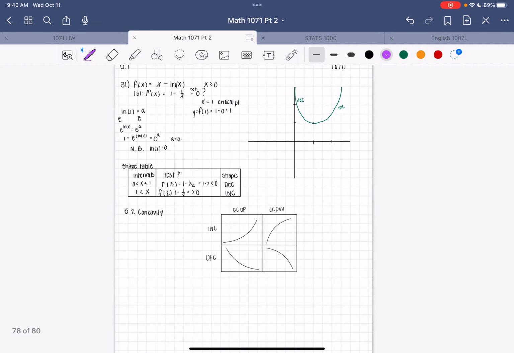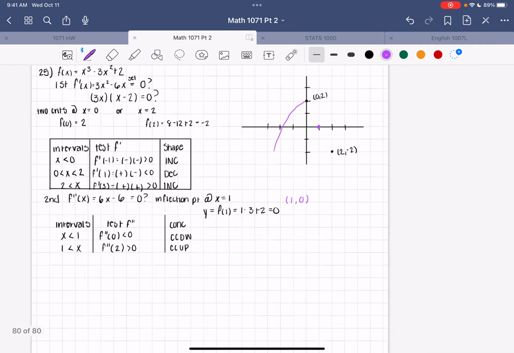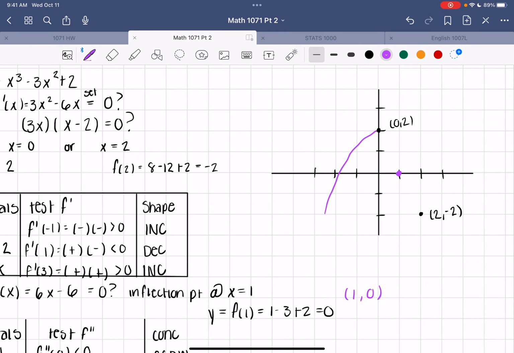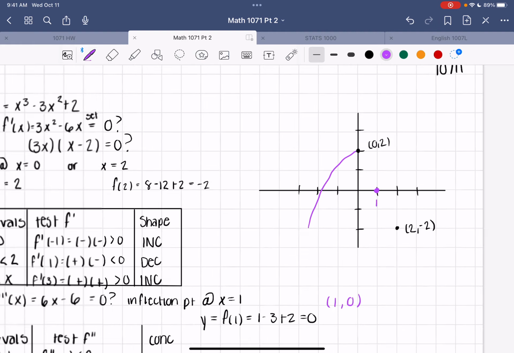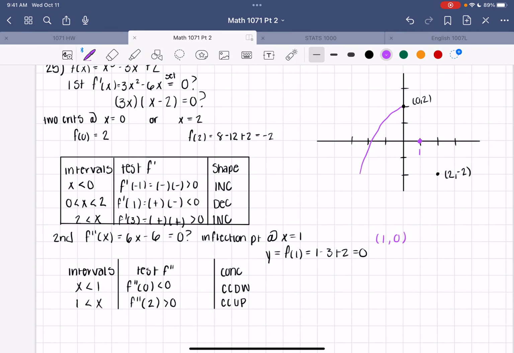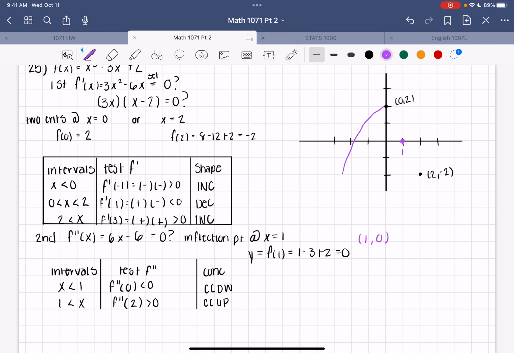So, between 0 and 1, an inflection point 1. That lies inside this, doesn't it? 0 to 1 lies within 0 to 2. So the shape is decreasing, but 0 to 1 lies in the first row here, so it's concave down. So I need to sketch a decreasing but concave down curve. Decreasing, concave down. That shape.